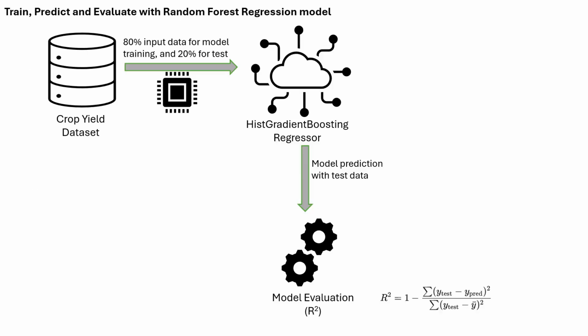The Hist gradient boosting regressor learns from the training data how different input features relate to crop yield. Once trained, the model predicts the HGHA yield for the test samples. To evaluate performance, we calculate the R-squared score, also known as the coefficient of determination. An R-squared value close to 1 means the model's predictions closely match the true values, indicating strong predictive ability.